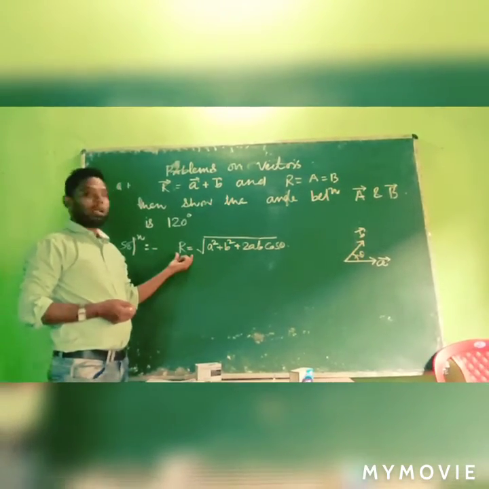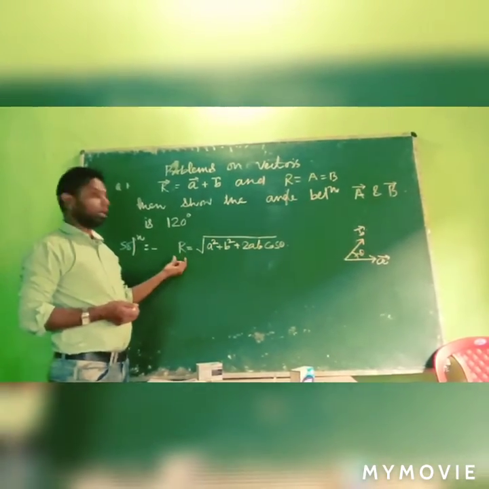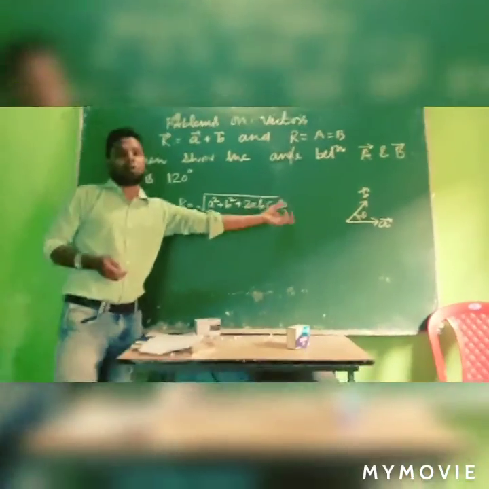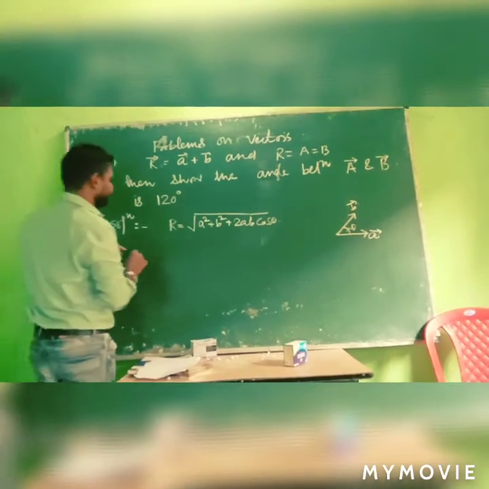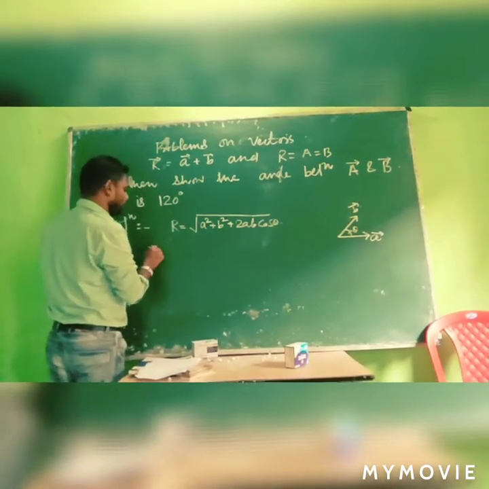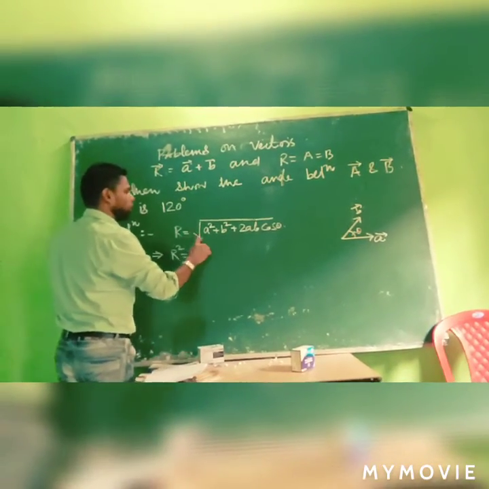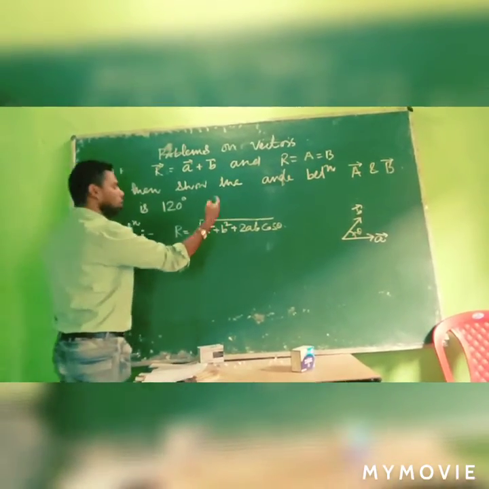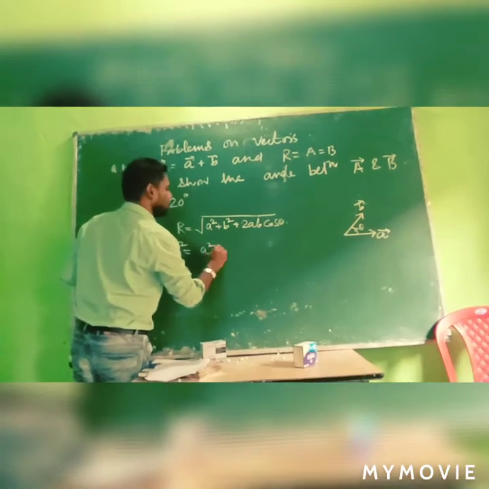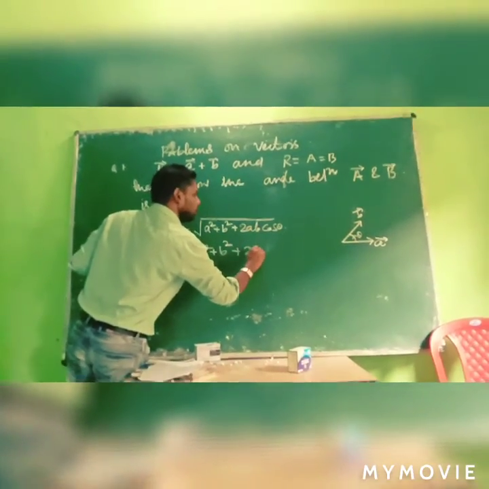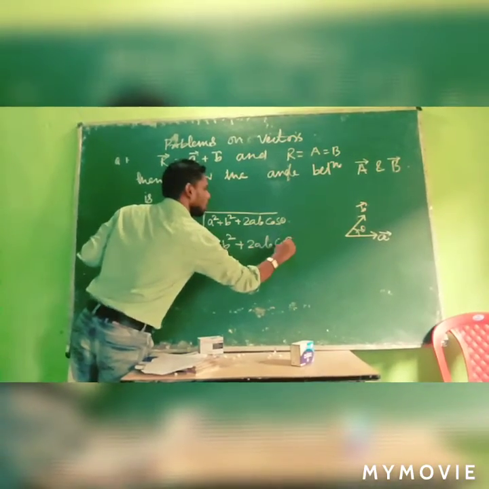With the help of parallelogram law, we have already obtained these relations. Modulus of r, that is the modulus of resultant vector, equal to root over a square plus b square plus twice ab cos theta. Let's see what we can do. If we square this expression, it will be r square, and on squaring, the square root sign vanishes. It is a square plus b square plus twice ab cos theta.